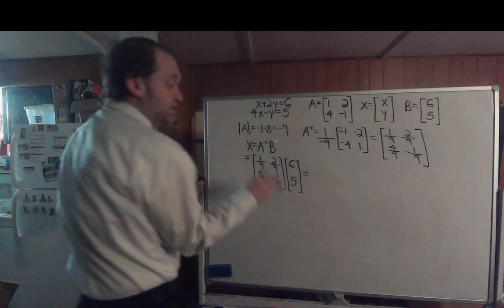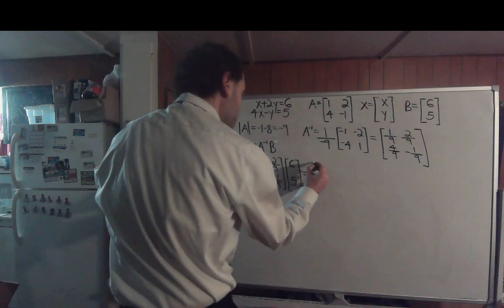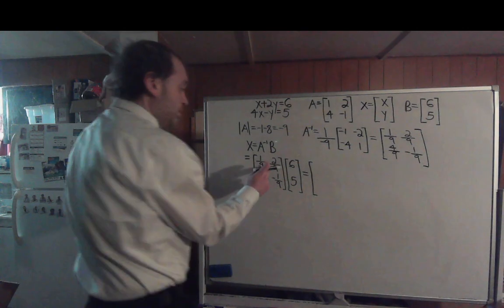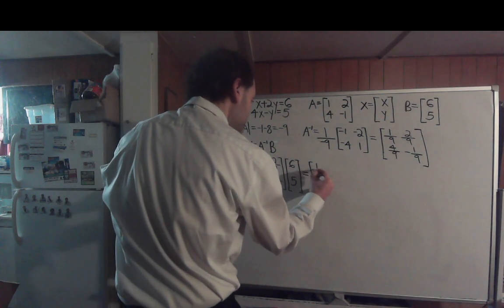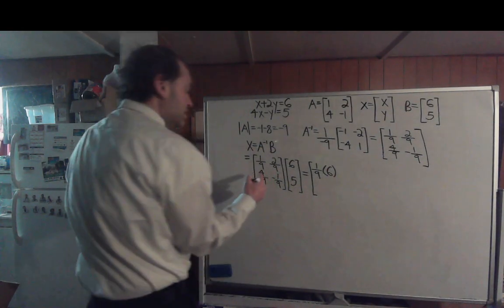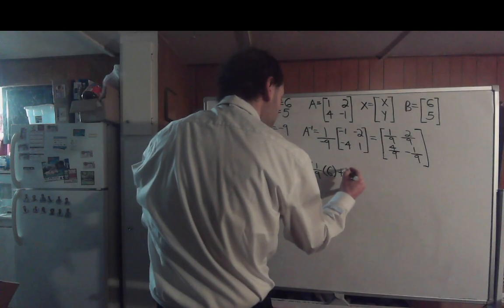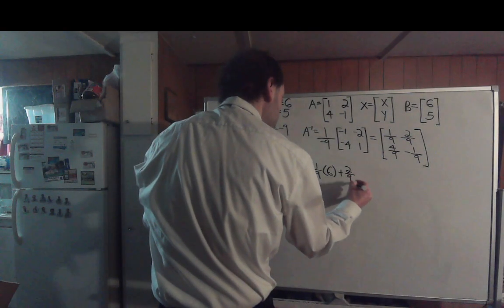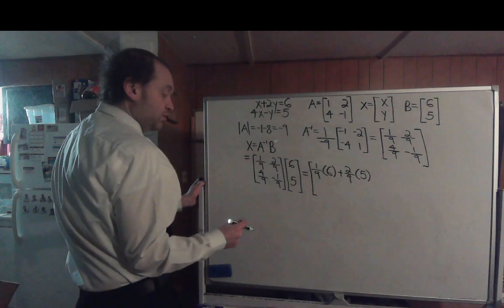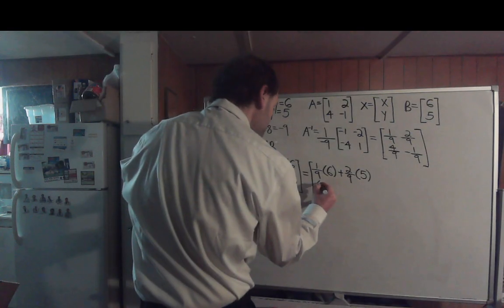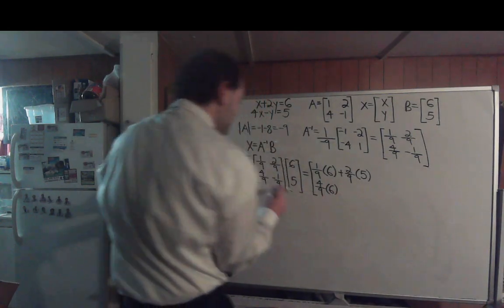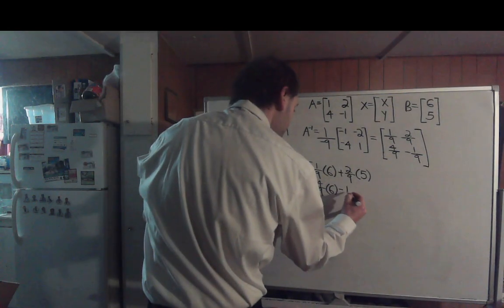So you should get a 2 by 1 matrix. So let's see, for your first row, you'll get 1/9 times 6 plus 2/9 times 5. For your second row, you'll end up getting 4/9 times 6 minus 1/9 times 5.